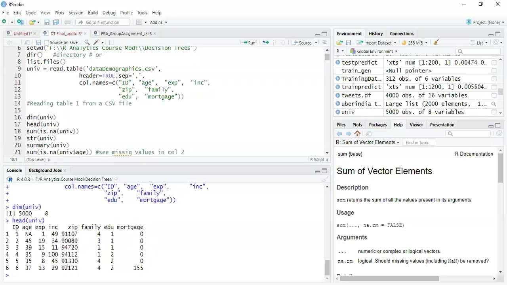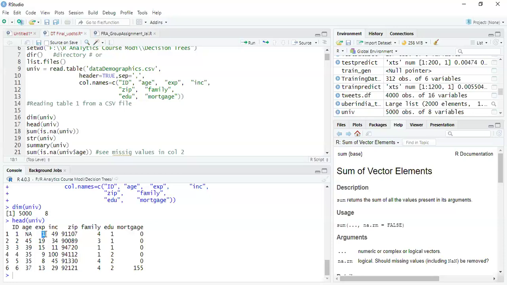ID has unique numbers 1, 2, 3. Age has the age of the bank clients, the customers of the bank. Each row represents an individual person's data. The first individual or applicant has not given his age, so it is showing as NA, missing value.